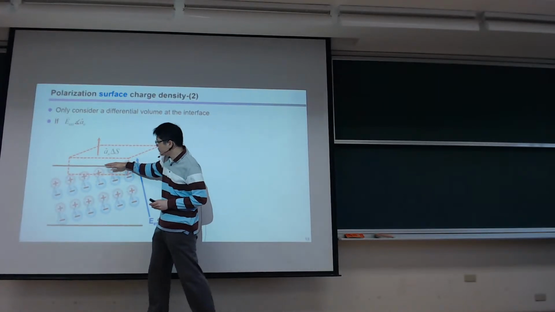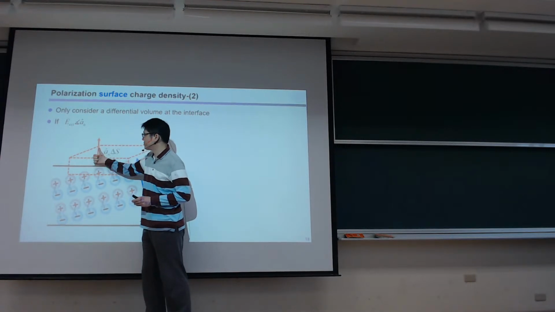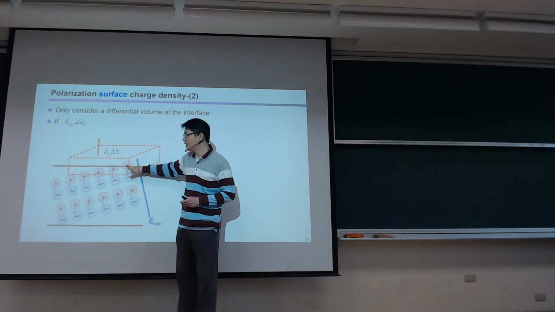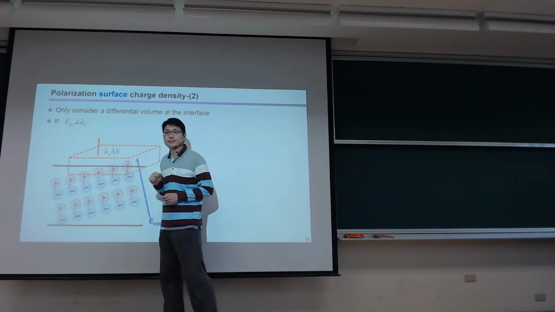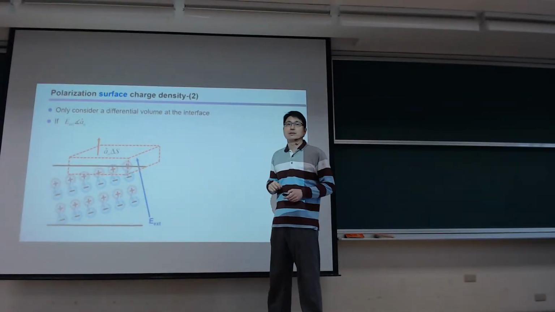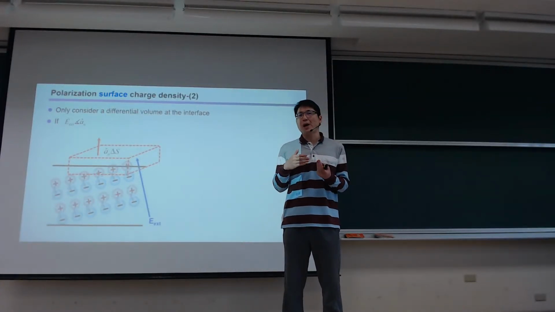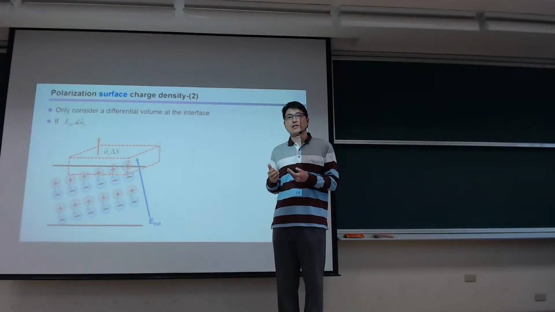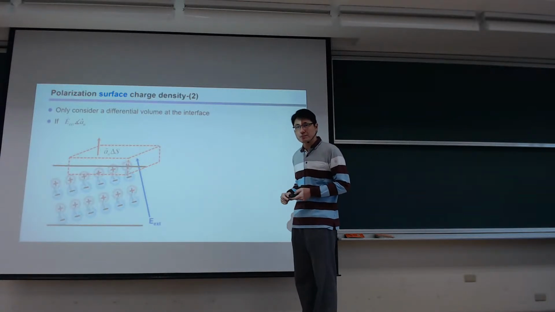But that is making some angle to my geometric surface, right? So this is my surface, and this is my surface normal. Meaning that each induced electric dipole is having some angle to my surface normal, right? So now I want to talk about how to properly mathematically formulate the resulting surface charge density due to the induced polarization dipoles.